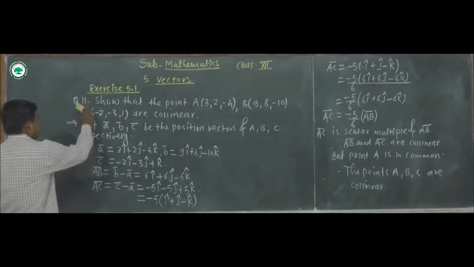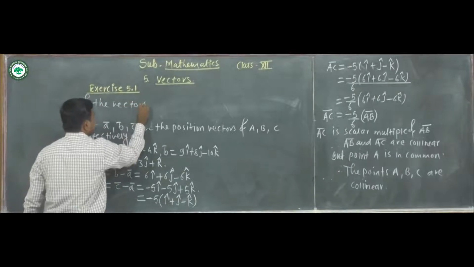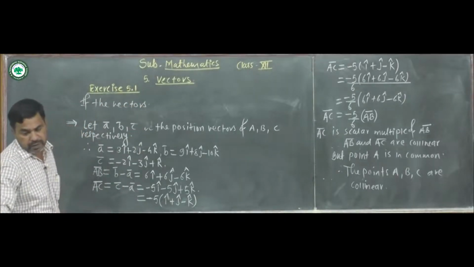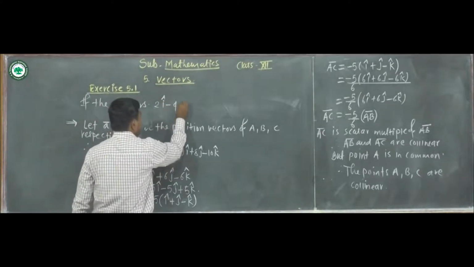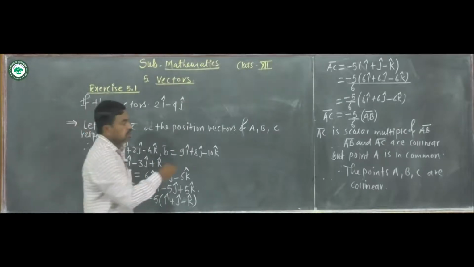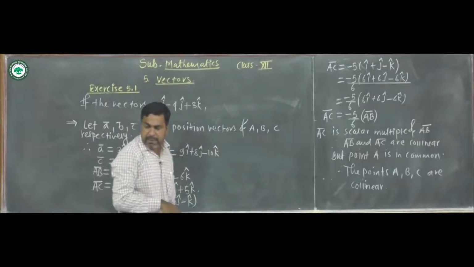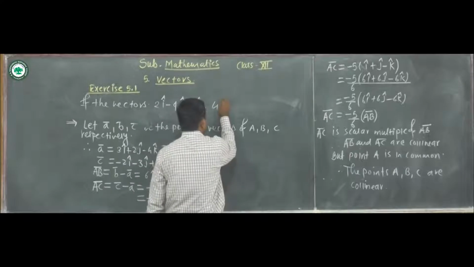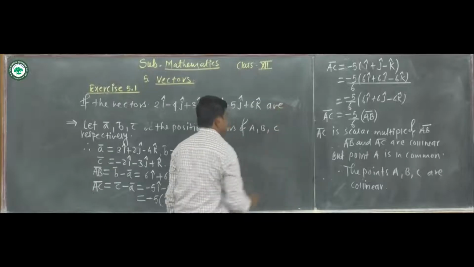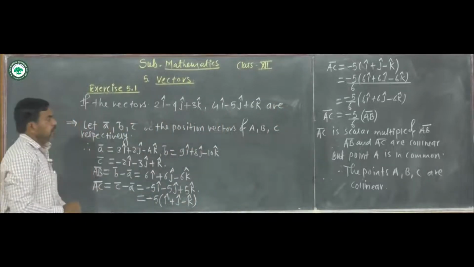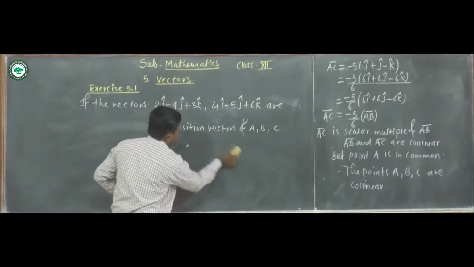If the vectors 2i cap minus q j cap plus 3k cap, comma, 4i cap minus 5j cap plus 6k cap are collinear, then find the value of q.